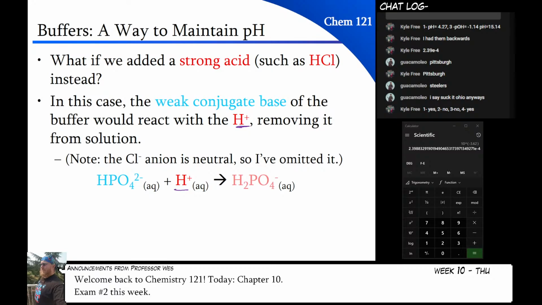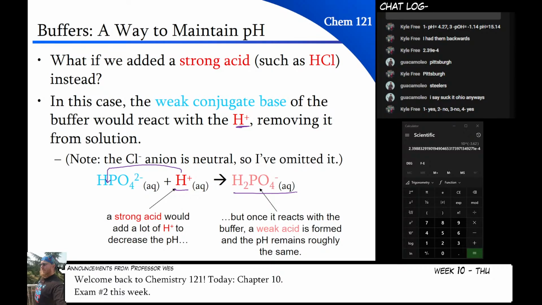I'm going to react this with the weak base part of the buffer, and I'm going to create the weak acid part of the buffer as a result. So the end result is that buffers are excellent at negating the effects of great pH changes.